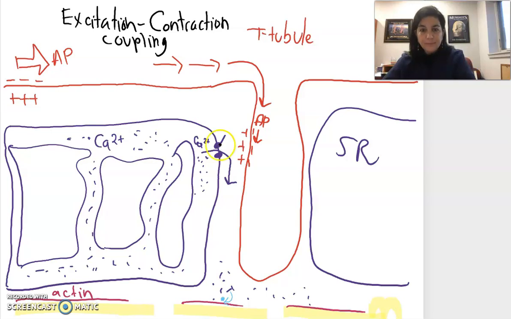They're stuffed in there. And when these channels open, the calcium is going to come out and flood the cytoplasm inside the cell, meaning that we have a lot of calcium available to the calcium binding protein called troponin. Troponin and tropomyosin are the regulatory proteins that regulate whether there is going to be contraction or no contraction.